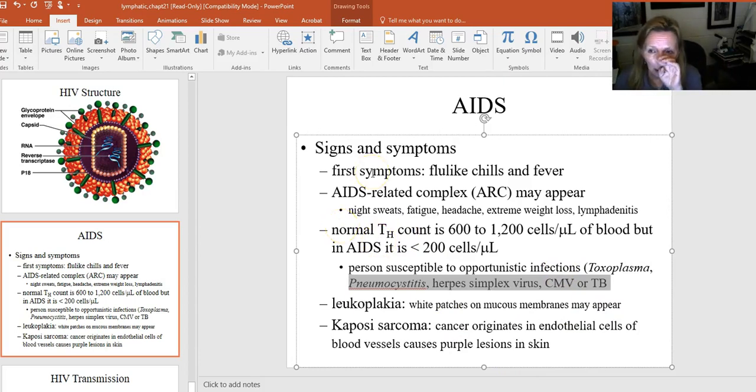But now there are people with HIV positive status who, with proper treatment, never even go into the AIDS-related complex, with its early signs and symptoms, nor do they go into full-blown AIDS, because they're controlling their viral load, the amount of virus present, so that it becomes even undetectable in direct serology testing, where they're looking for the direct antigens.